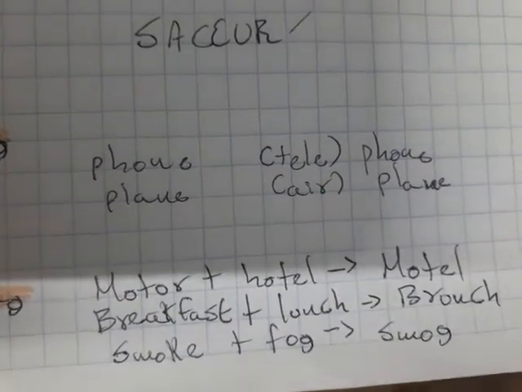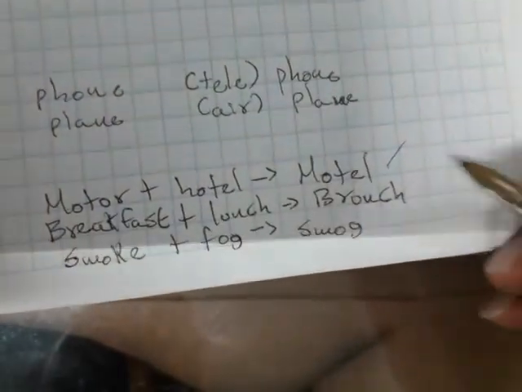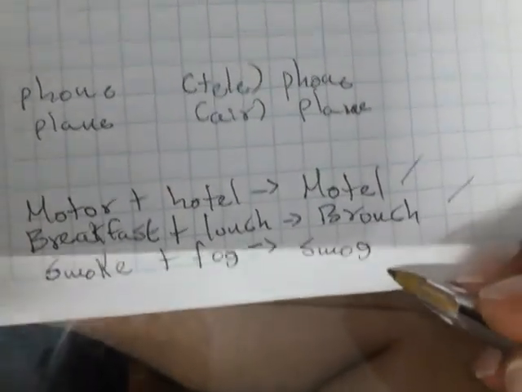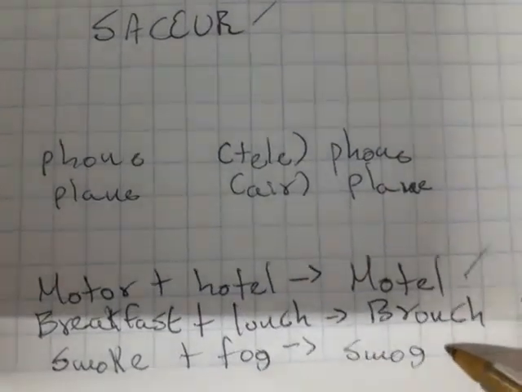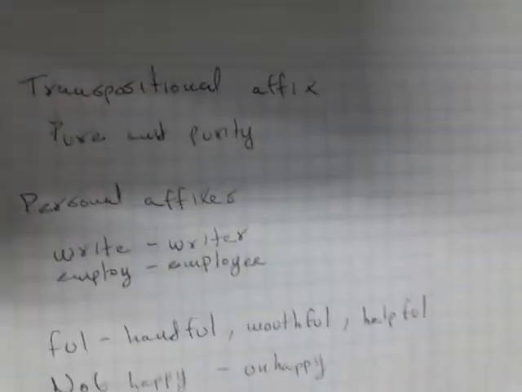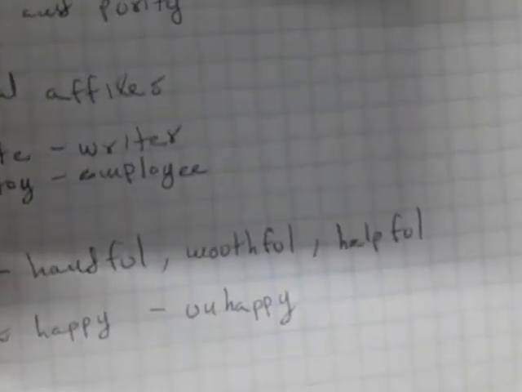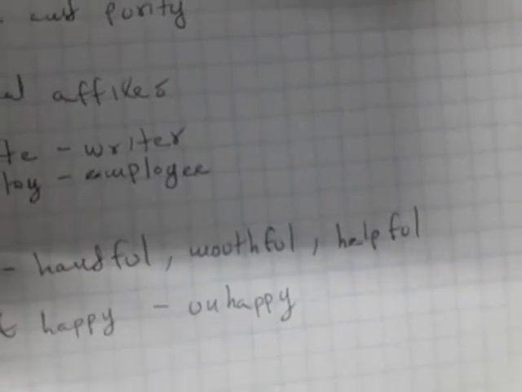For example, motor plus hotel, motel; breakfast plus lunch, brunch; smoke plus fog, smog. That's blending. It's similar to compounds, but in blending, only parts of the words are combined.